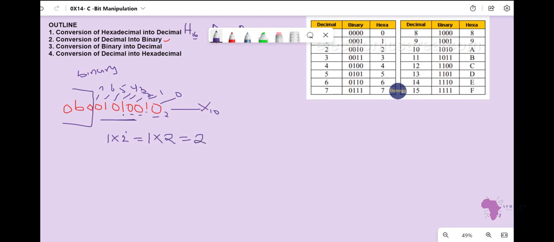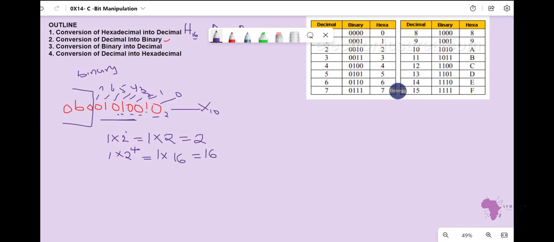The next one is in position 4, so 1 multiplied by 2 raised to 4, which is 1 multiplied by 16, giving us 16.